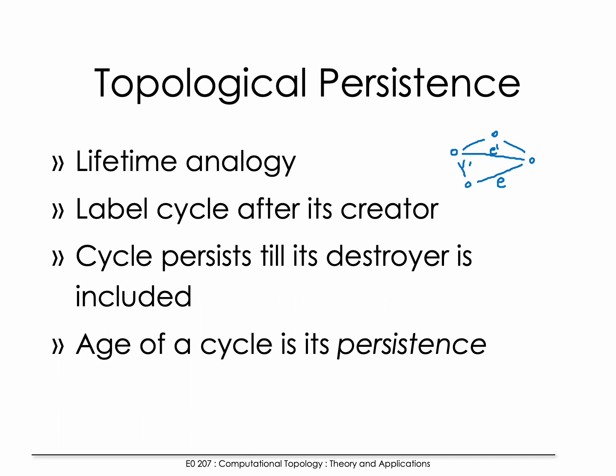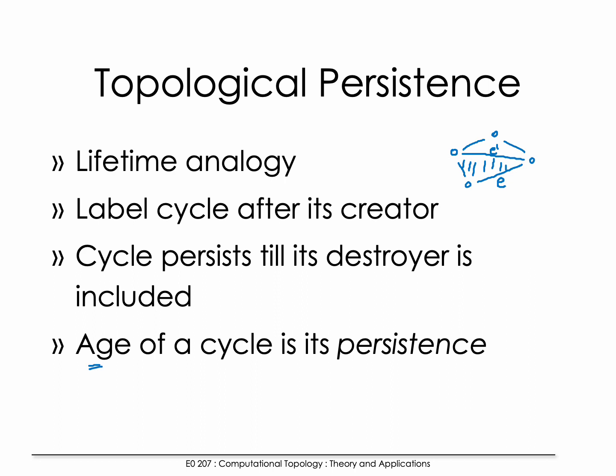Now when you insert a triangle, this triangle actually destroys the one cycle that was created by E prime, and hence the age of this cycle is one, namely the age of the cycle.